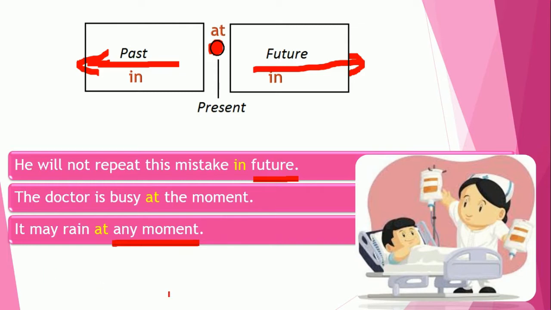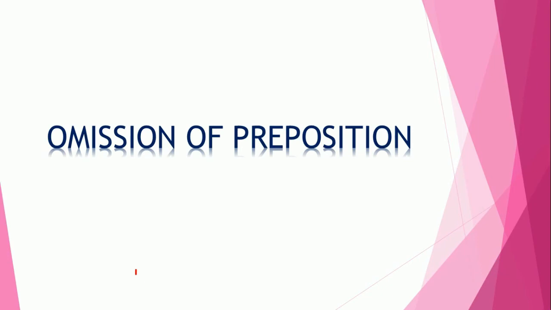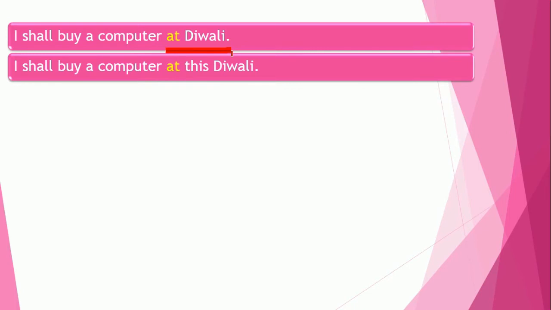Now we will learn about the omission of preposition, meaning where we don't have to use a preposition. Look at these examples. I shall buy a computer at Diwali. I got this example earlier. It's correct. But if I write I shall buy a computer at this Diwali, is it correct? No, it's not correct, because we don't need to use a preposition before this.